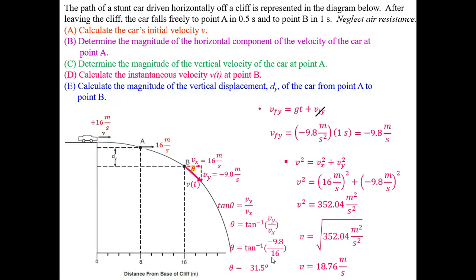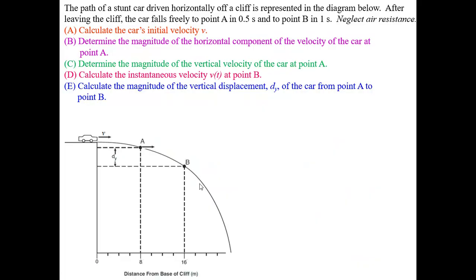Once you plug that into your calculator, hopefully in degree mode, you should get negative 31.5 degrees. So the proper way to express my answer here is 18.76 meters per second, which is the speed. And then I need to give the direction, which has to be in the form of an angle. So that would be 31.5 degrees southeast, because this arrow is pointing down, which is south, and then right, which is east. Okay, so that's part D.